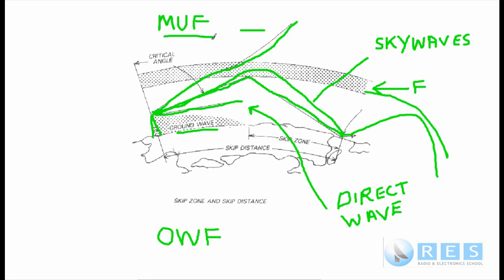So operating at the maximum usable frequency is not wise, and a little bit down from the maximum usable frequency is the optimum working frequency, and that's what you should be on. So I'm going to clear this diagram and come back and explain a couple of other terms to you.